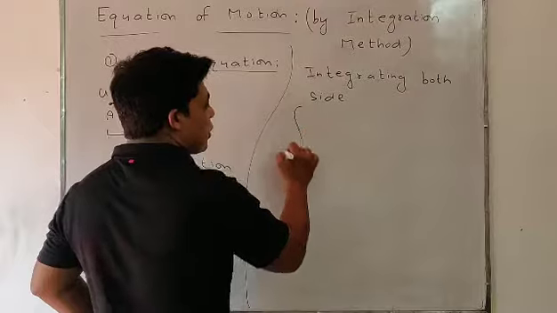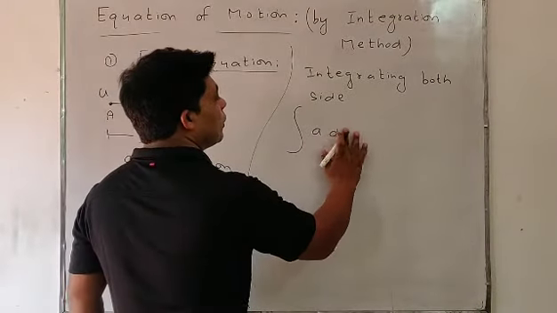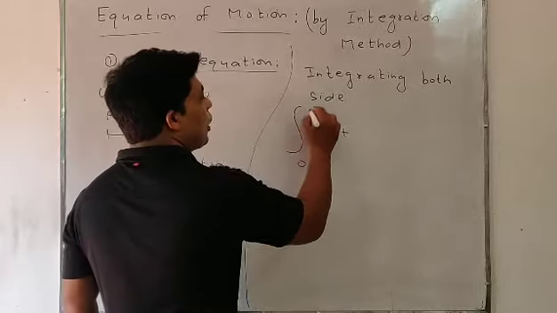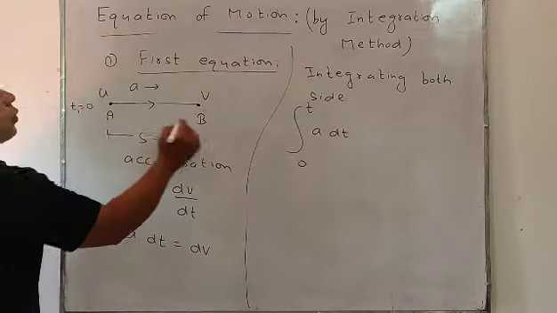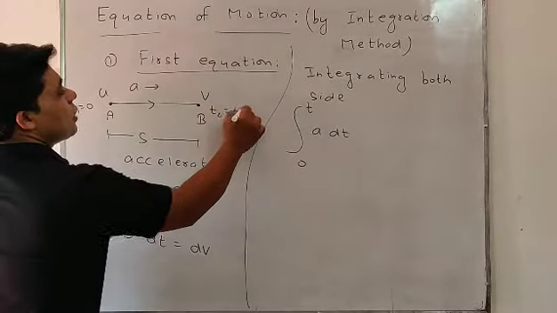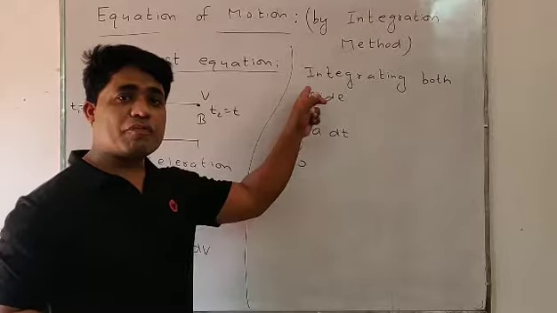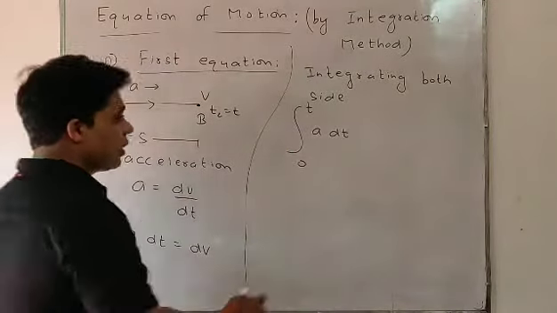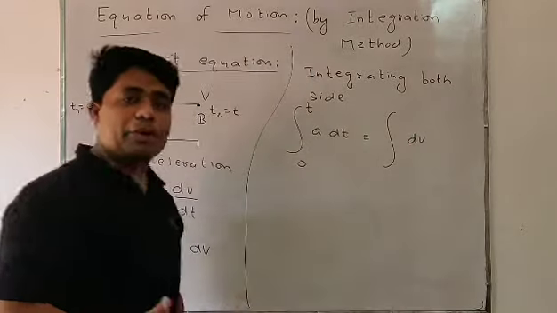We know that is the sign of integration: integral of a dt. Initial time t1 is 0 and final time t2 is t. That is the lower limit and that is called the upper limit. At that side, we'll also put the integration sign and take the limit.